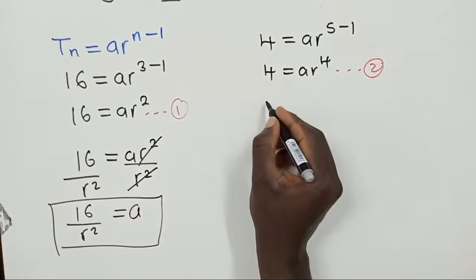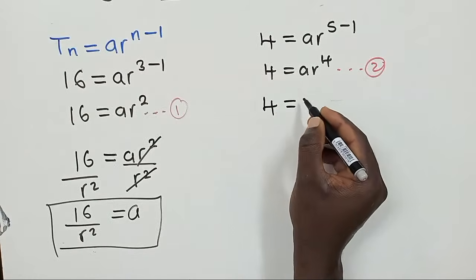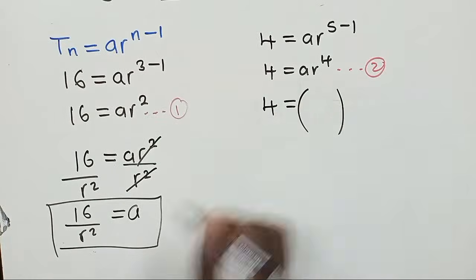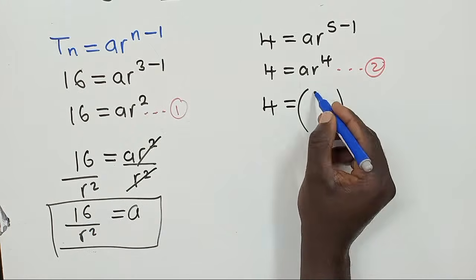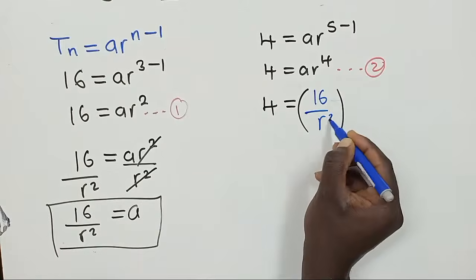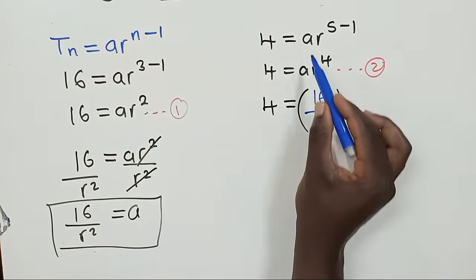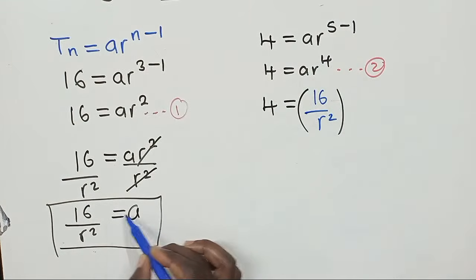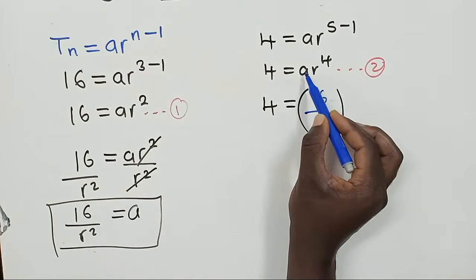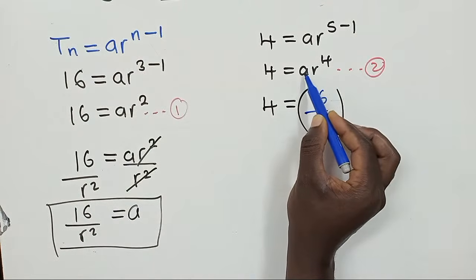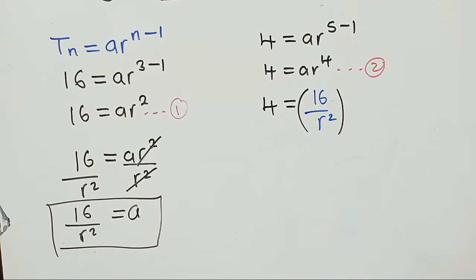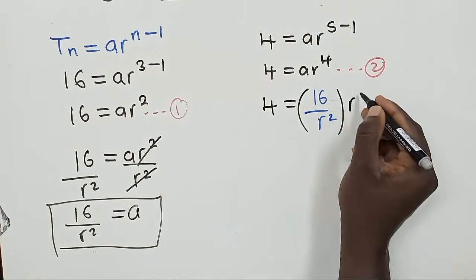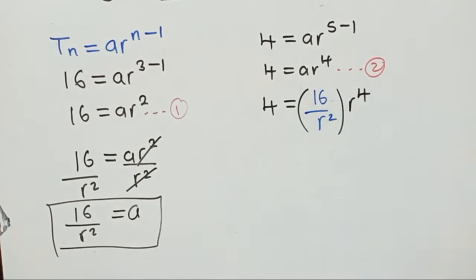We have 4 is equal to, here where A is, we'll put this 16 over r squared. If you can see, this is our A and A. So this is what will be here at A. So the next thing from here, you don't forget your r, which is outside.